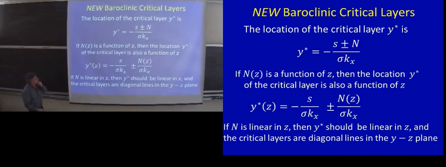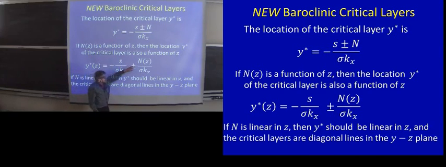Let me just say that I'm going to jump back 10 years and then come back to the present. These critical layers are what we saw in our flow but couldn't recognize back in 2005. Because if you look at the location of the critical layer, it depends upon the Brunt-Väisälä frequency. If you go back to protoplanetary disks, that would be isothermal in the vertical direction.